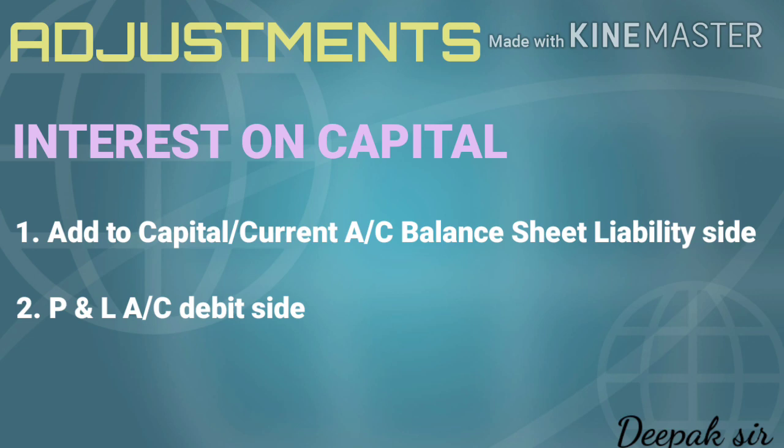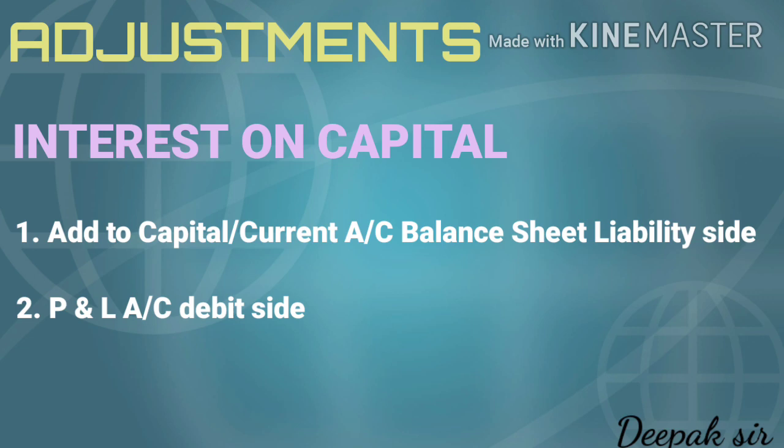Since it is an income of partner, the partner capital is going to increase, so we have to add in partners capital account or partners current account, whichever is given on the liability side. And since it is an expense of the business, the second effect will come in profit and loss account on the debit side.